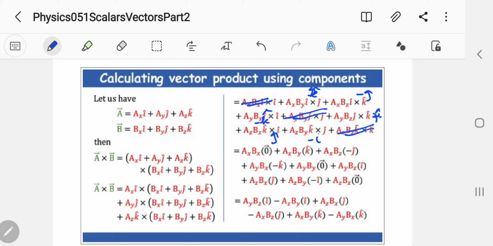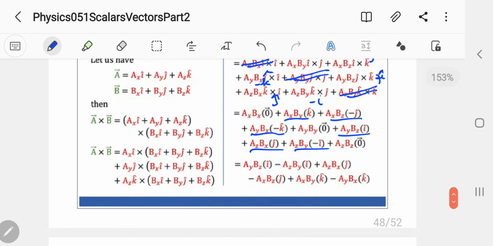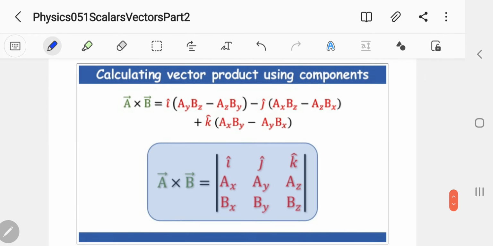And so you're left with 6 terms. This one, this one, this one, and that one. Simplifying it, you will have this one with unit vector i as a direction, this one with unit vector j as a direction, and this one with unit vector k as a direction.